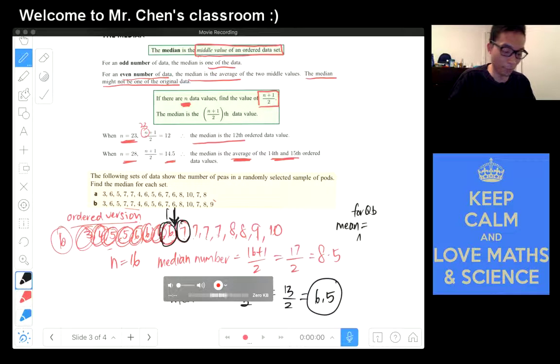So 104 divided by, there are 16 of them, divided by 16. You will get 6.5.